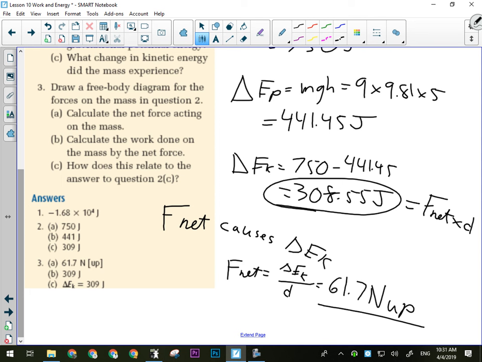Was there another way for me to calculate the net force here? Exactly. That's why they wanted us to draw a free body diagram, but I wanted to show you the energy relationship first, because that was the new thing.